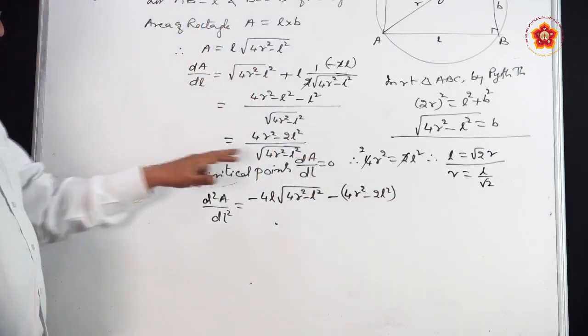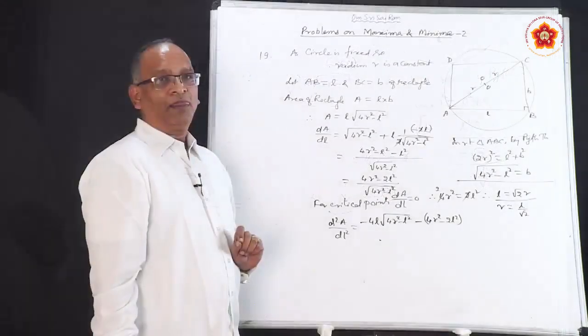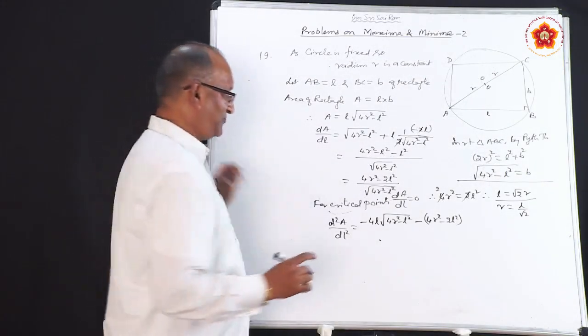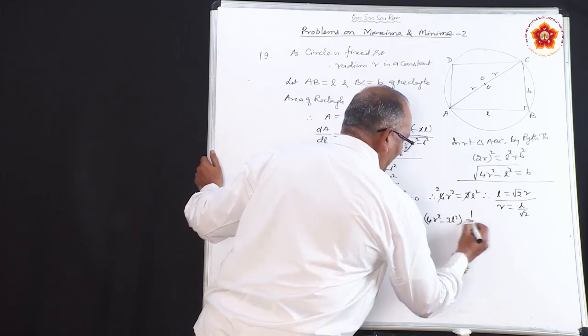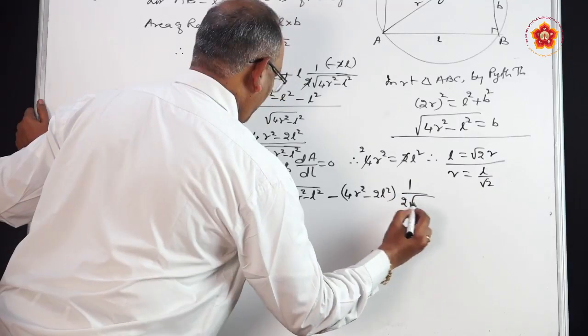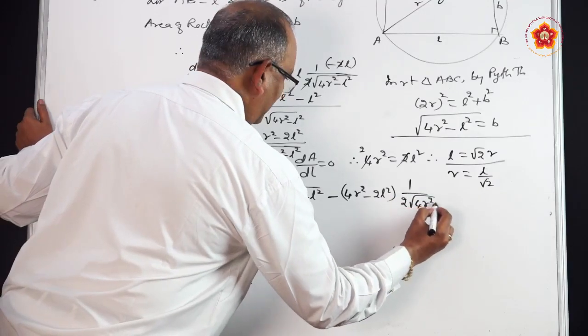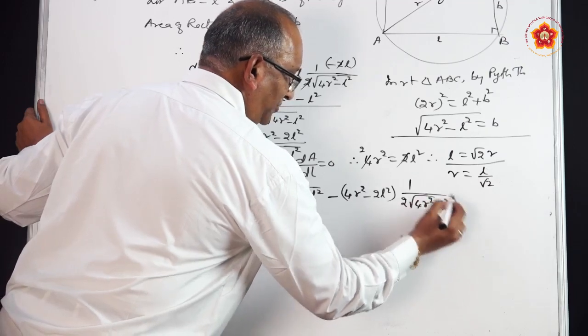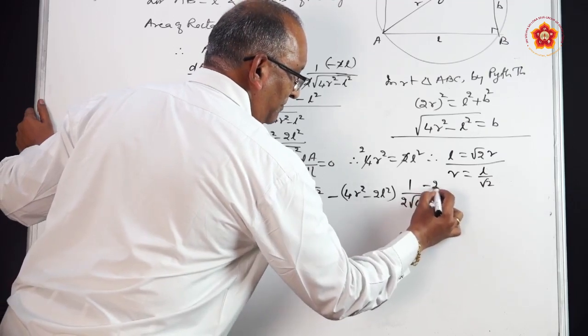How do you find the derivative of denominator? Again, to the power half. So, it will become 1 by 2 under root of 4r square minus L square into the derivative of this, which gives minus 2L.